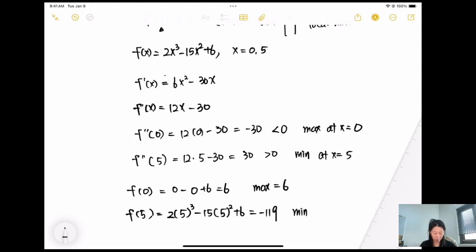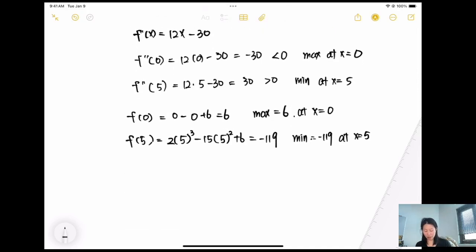So our local minimum is negative 119 at x equals 5. Okay, that's number 22, and it's your turn to do number 23 and number 24.